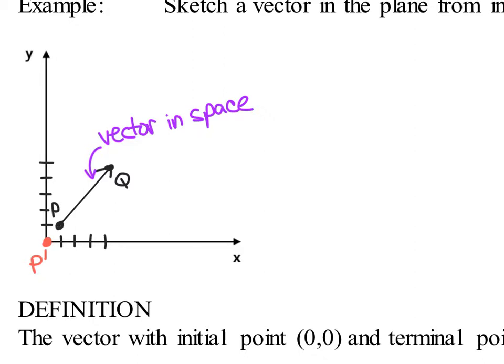You could just do the zero vector. What's that? You could just do the zero vector. I could, but I wanted to show that that was where P was going. So I moved the point P down 1 and to the left 1, so I'll do the same thing with Q. So down 1 and left 1, so I'm just going to put it roughly around here, so that's my Q prime.